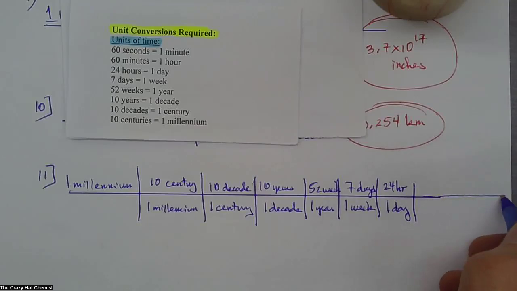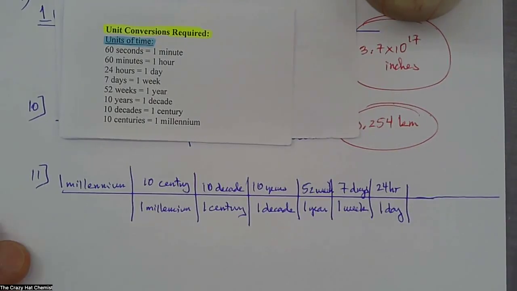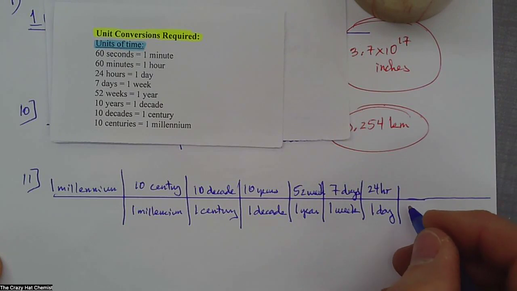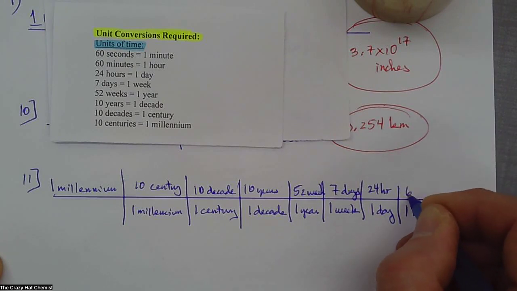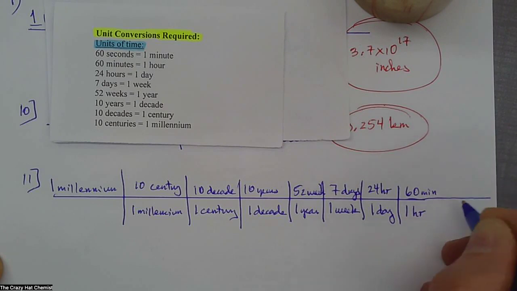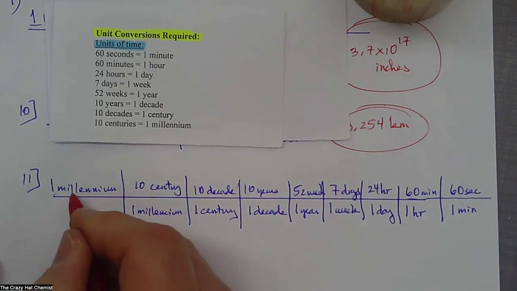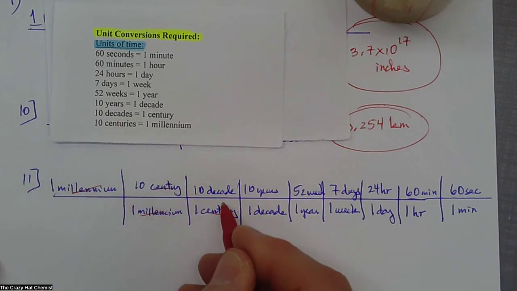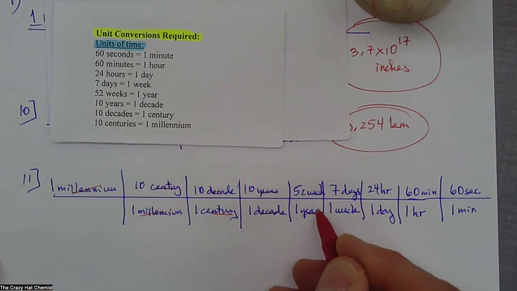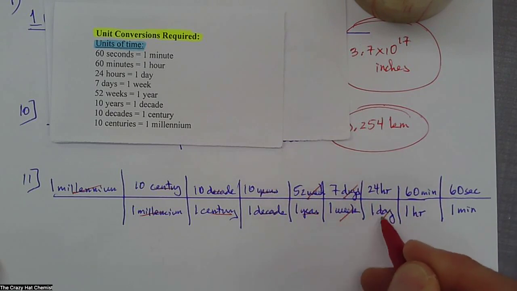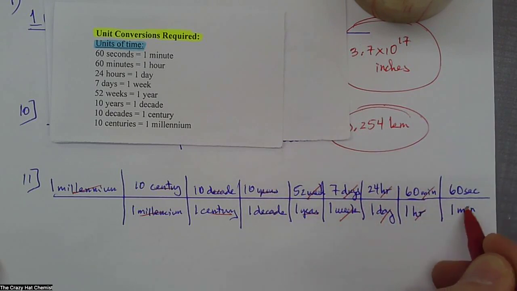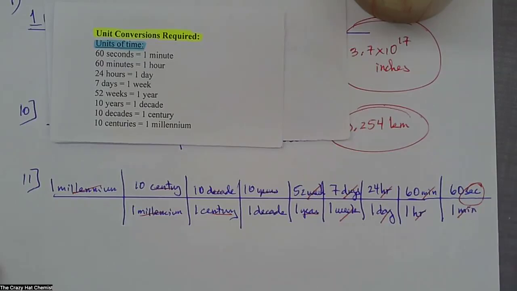And let's see if we can fit this in, folks, on a whole sheet of paper. 1 hour is equal to 60 minutes, and 1 minute is equal to 60 seconds. All right, we did it. Millennium cancels, century cancels, decades cancels, years cancels, weeks cancels, days cancels, hours cancels, minutes cancels, and we're left with seconds.